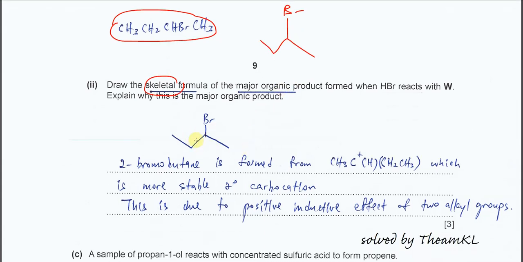After this, just explain why the major product forms. Very easy, because the 2-bromobutane, this compound, is formed from this secondary carbocation, which is more stable. Why is it more stable?